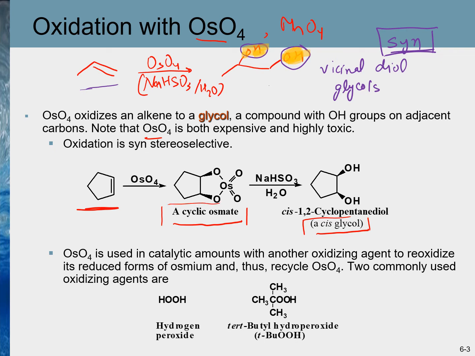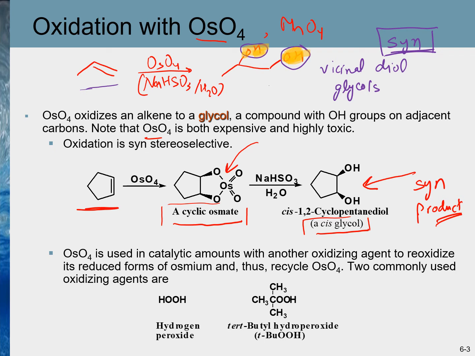So therefore, the end product is the syn addition product. Therefore, we can say that this 5-membered cyclic osmate intermediate is responsible for retaining the syn stereoselectivity of this reaction.